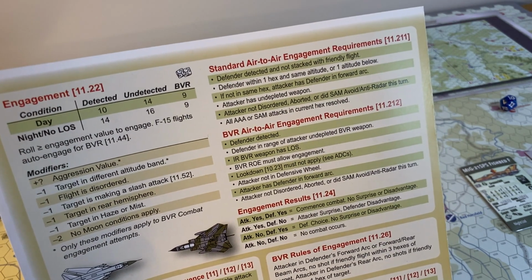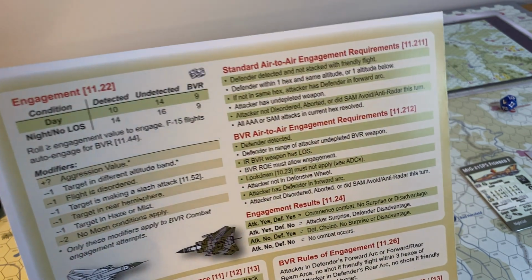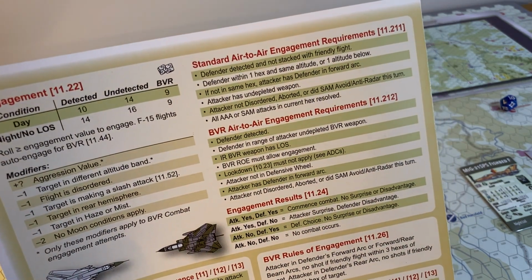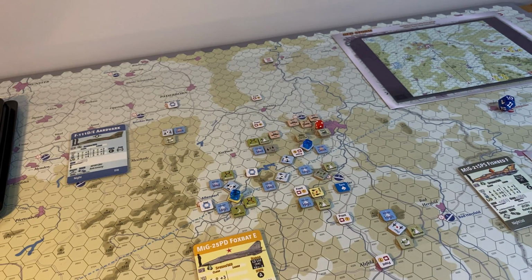Like John said, the stacking is two flights in the same hex at the same altitude. So I'll need to be careful with that, and I'm glad that's come up because I could see myself having blundered with that, and hopefully now that will be okay with me. So I actually think we did get away with that. Maybe John might have a better view on what happened if he was tracking everything right there, though.